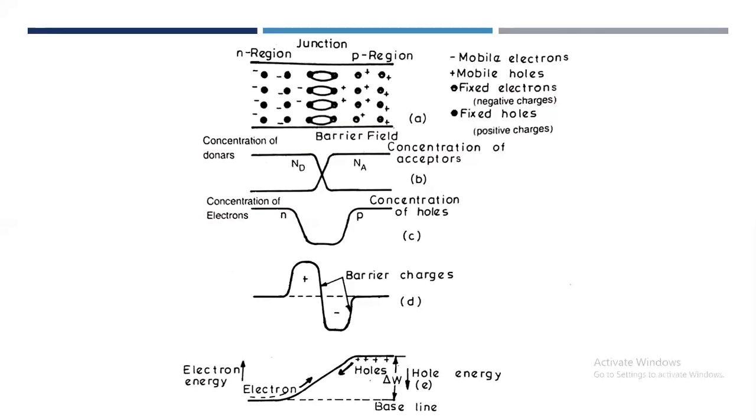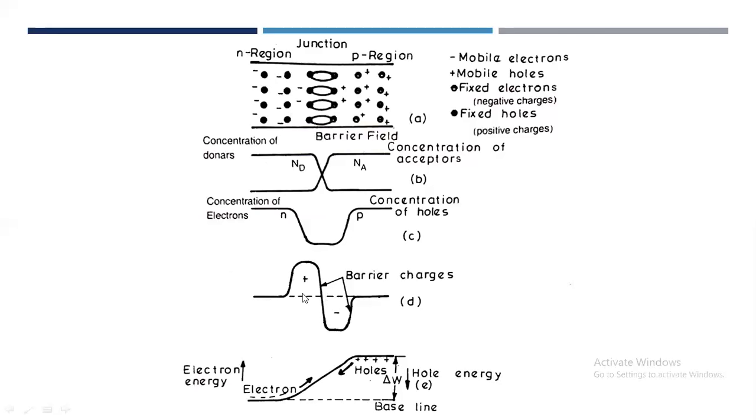Looking at figure A and figure D, consider that a voltage is applied across the PN junction. The mobile charges will move toward each other, as per the law of attraction. Figure D shows that, compared to figure C, the barrier changes; these are called the barrier charges.